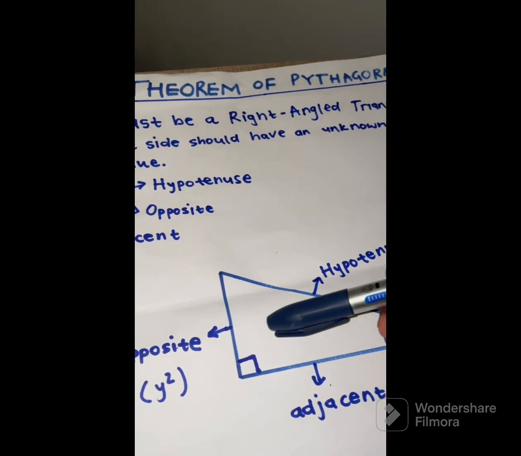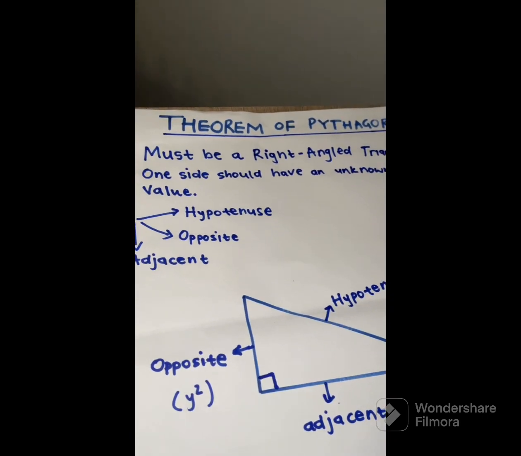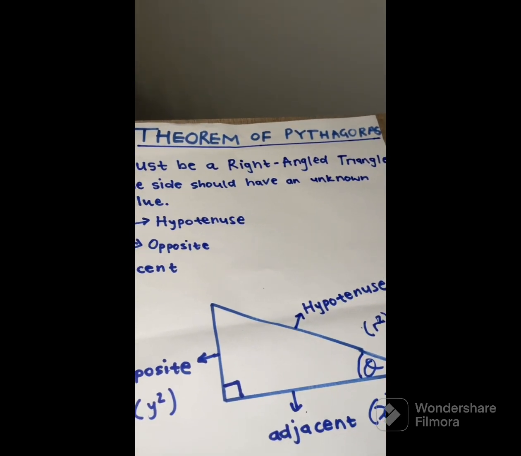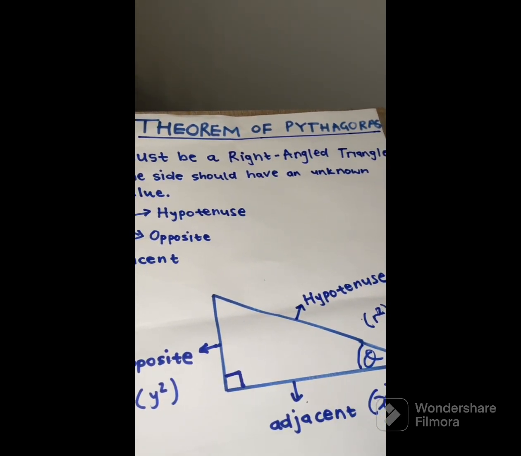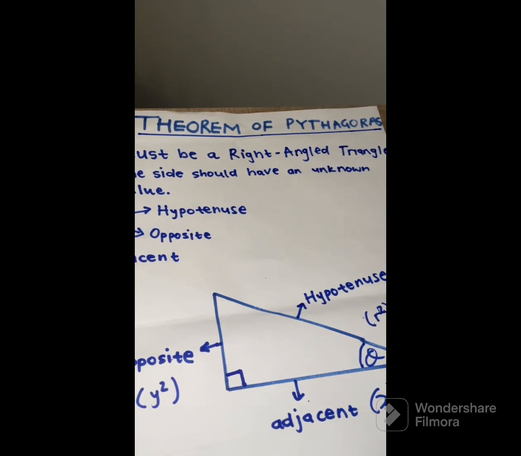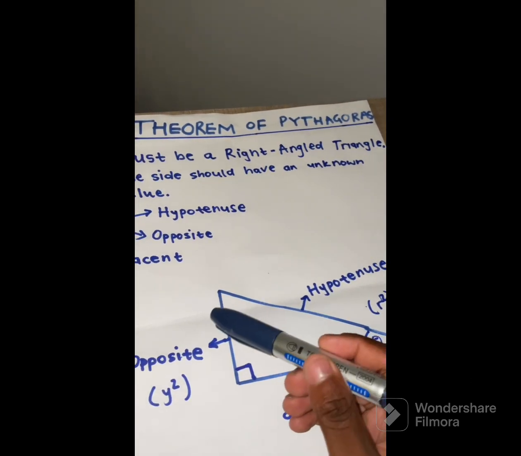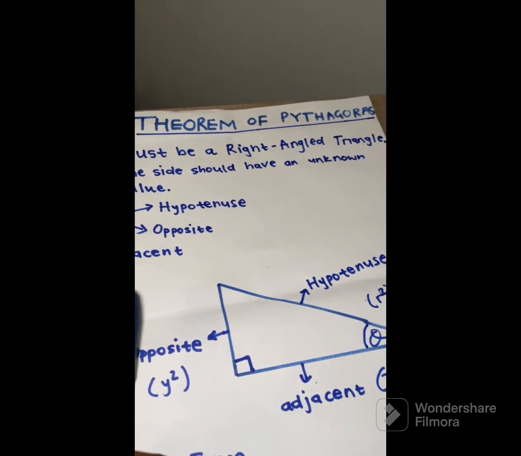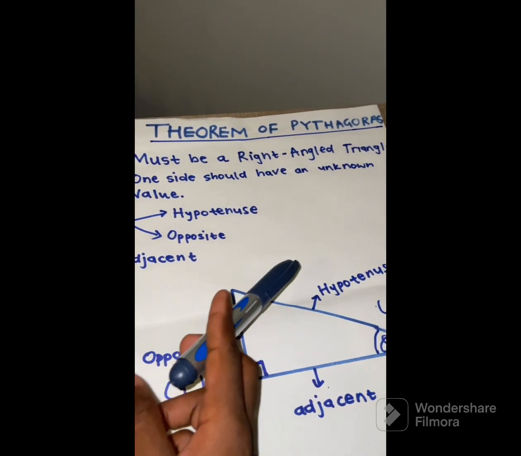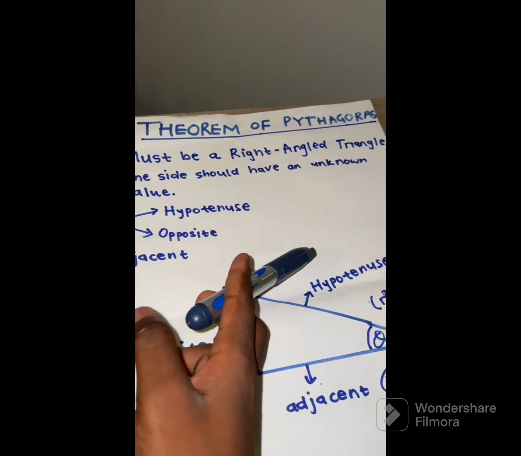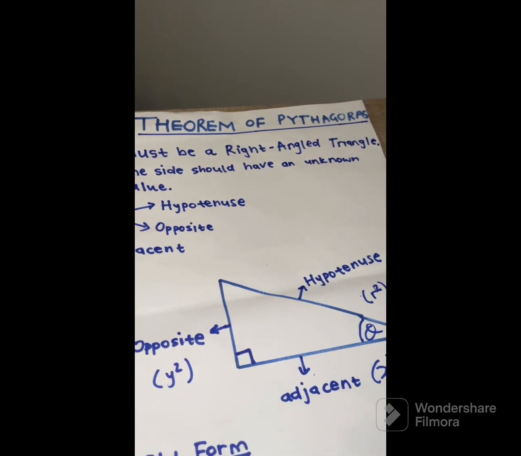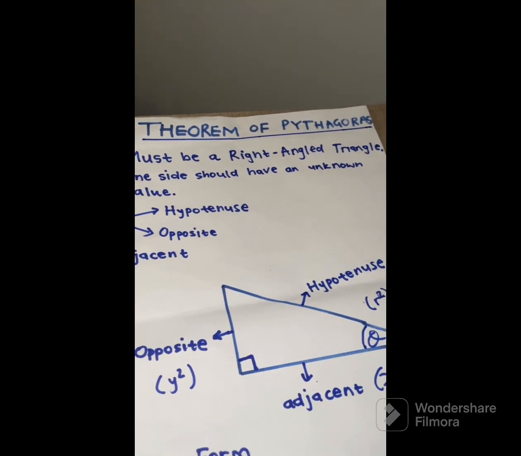Another point is that one side should have an unknown value. You can't have a known value like 8 and then be asked to find this side and this side. It's just impossible at this stage.